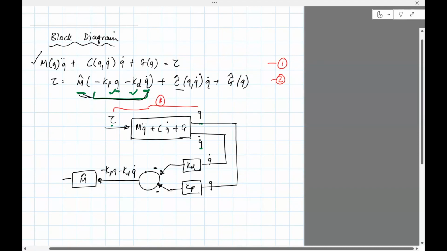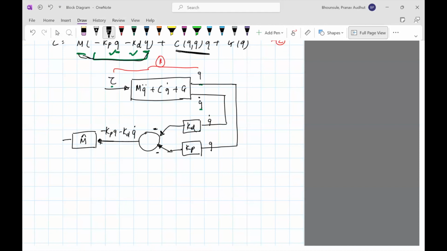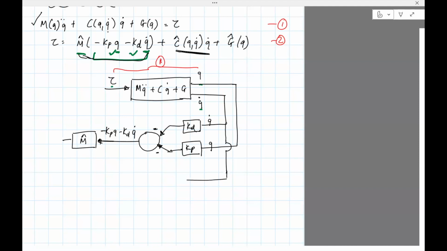Now I also need to multiply this with c hat. So this is multiplying with q dot. So I take q dot from here. Take c hat, q dot if you want.